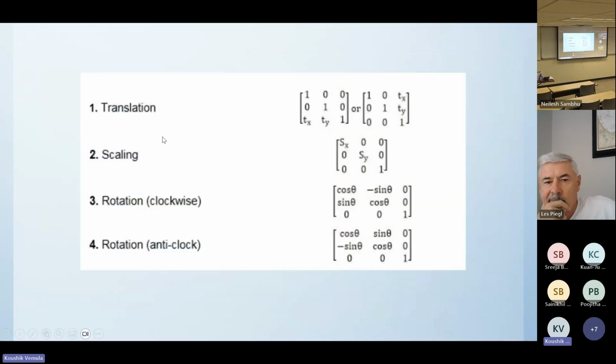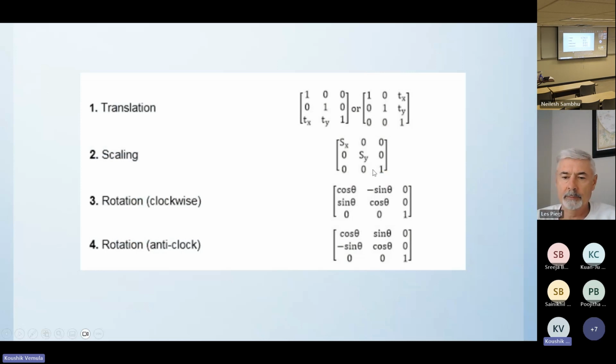So the matrix notation for the previously explained transformations: for translation, tx and ty are the translation factors in x and y, and we put them in the third row at the last, and we will be performing an addition operation. And for scaling, it will be sx and sy.